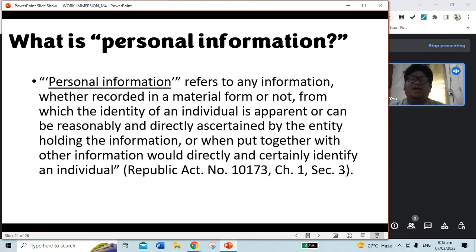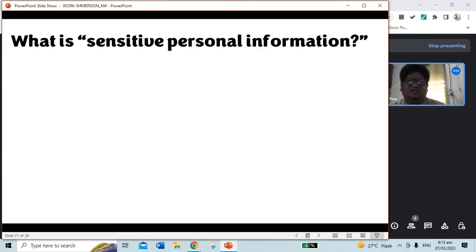Personal information refers to any information, whether recorded in a material form or not, from which the identity of an individual is apparent or can be reasonably and directly ascertained by the entity holding the information, or when put together with other information would directly and certainly identify an individual. So any information tungkol sa sarili mo, tungkol sa mga taong nasa paligid mo, that's personal information.